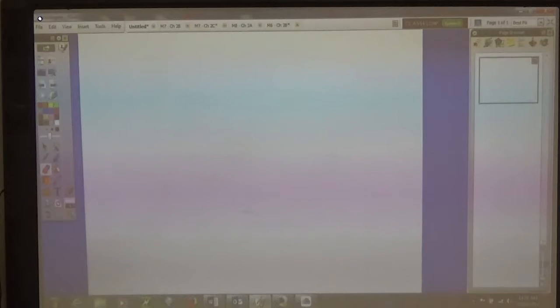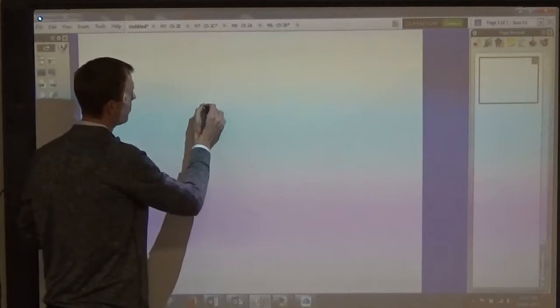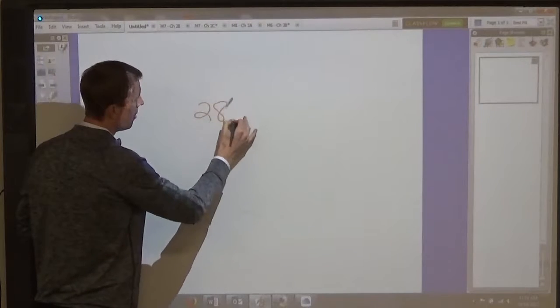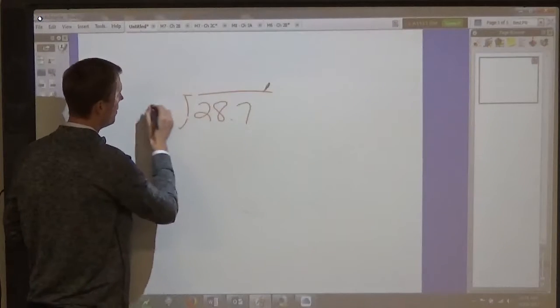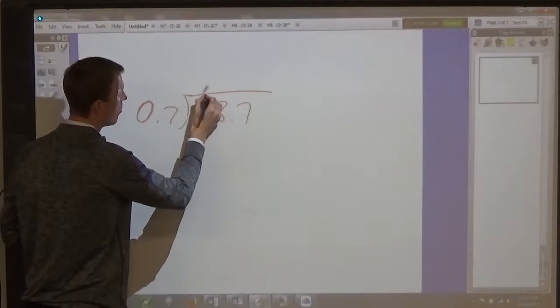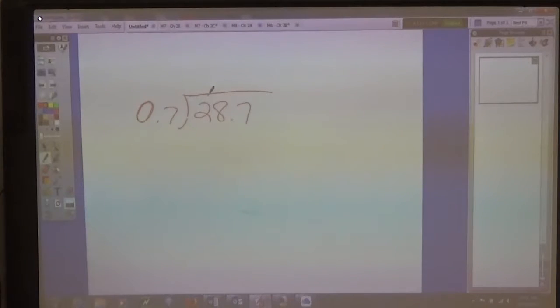So, I'm going to show you a few more examples. 28.7 divided by 0.7. We had a lot of questions about this earlier. 28.7 divided by 0.7. Okay? How can we write this as a new problem? Who knows this?